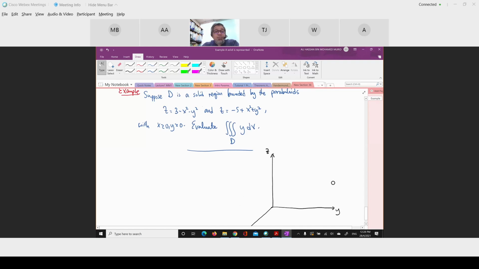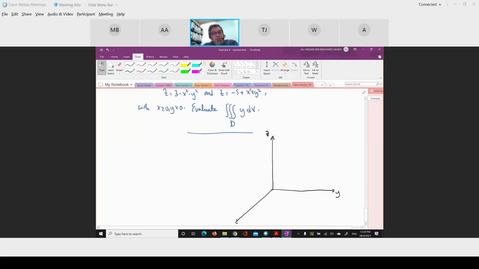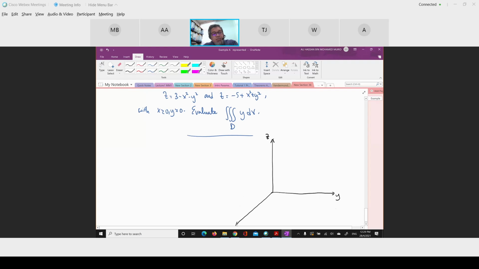Okay, what is the paraboloid z equal to 3 minus x squared minus y squared? There's a paraboloid that opens downward and another paraboloid that opens upward, right? Look at the traces.